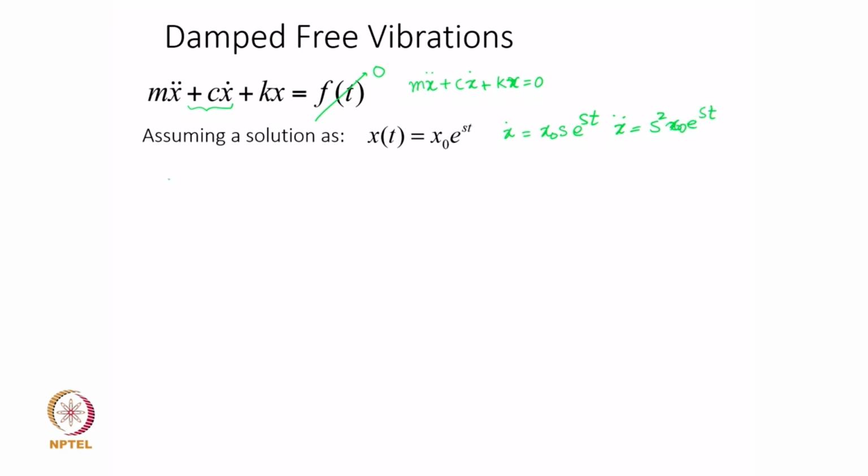So, when you substitute that, this is going to be m s square plus C s plus k, and all the terms will have this common term x naught e to the power s t.